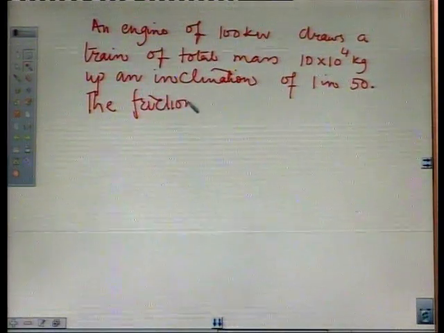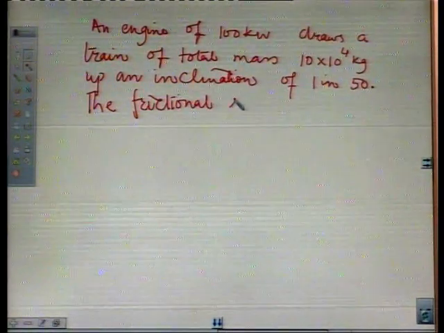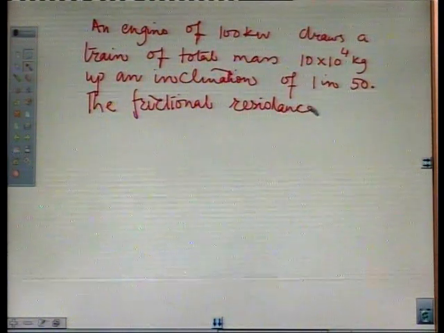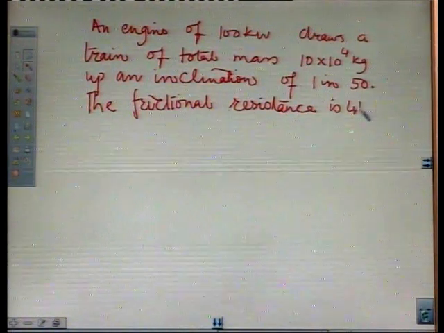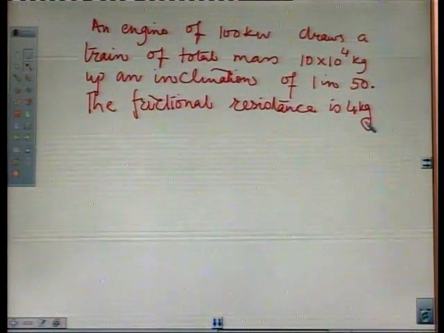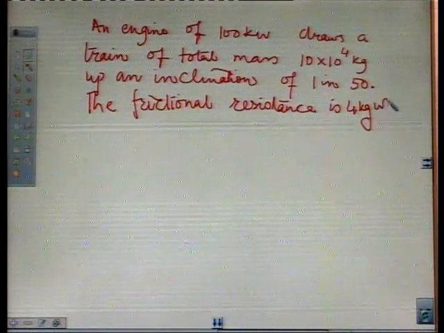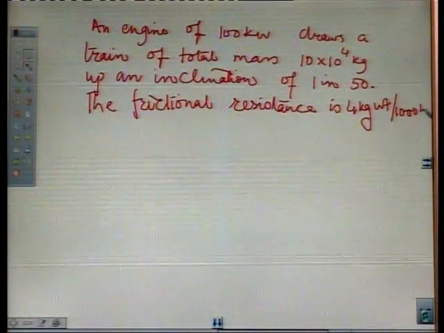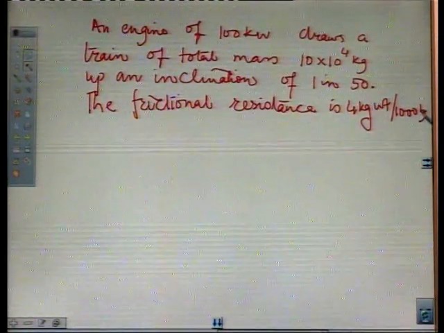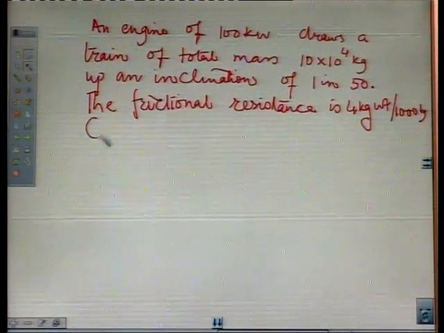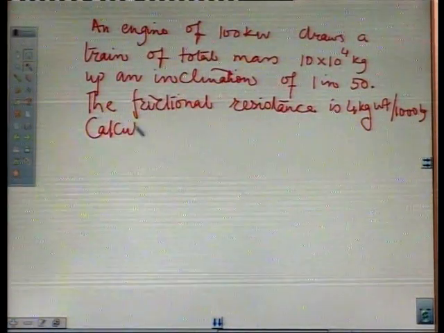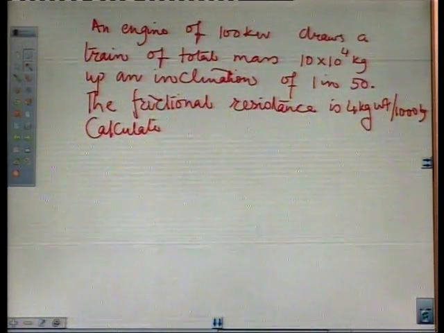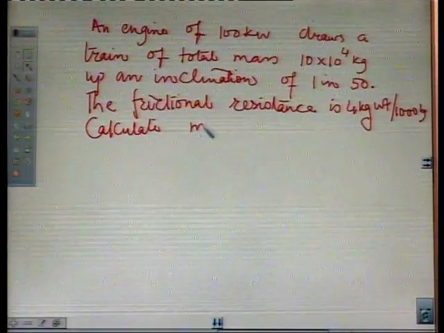The frictional resistance is 4 kg weight per 1000 kg. He says calculate the maximum speed.